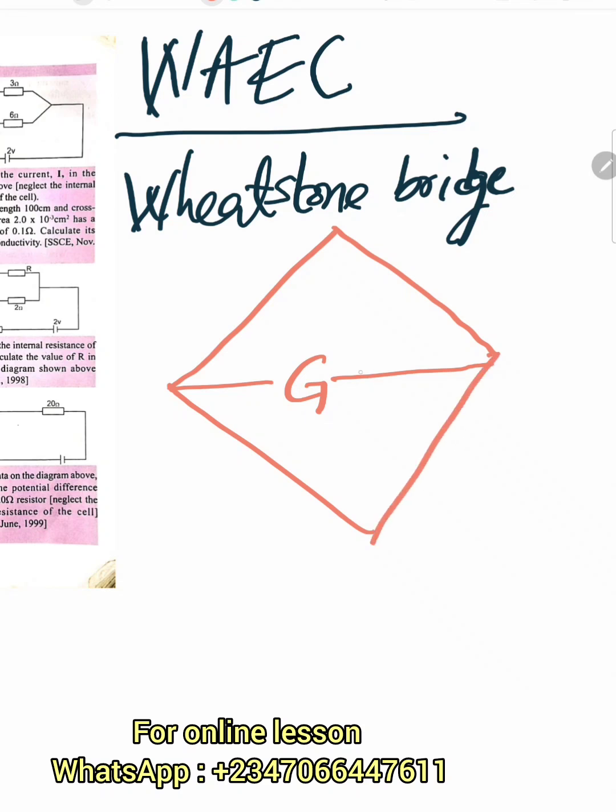And this galvanometer is what will help us to detect whether current flows. So here can be resistor 1, here can be resistor 2, then resistor 3, and here is resistor X, which is the one we are looking for.